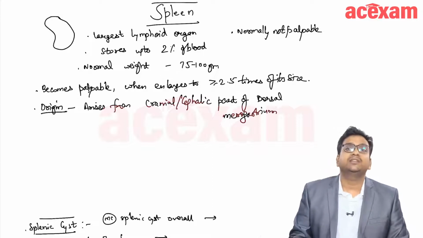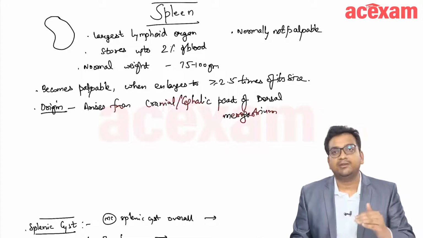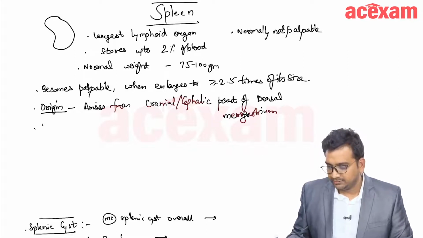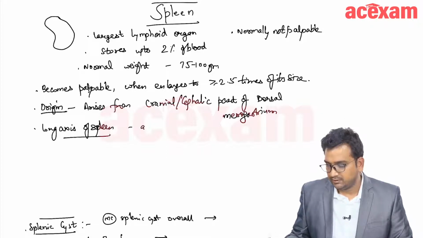So spleen arises from dorsal mesogastrium, or from the cephalic part of the dorsal mesogastrium. Okay, and the long axis of spleen is along 9th, 10th, 11th rib.